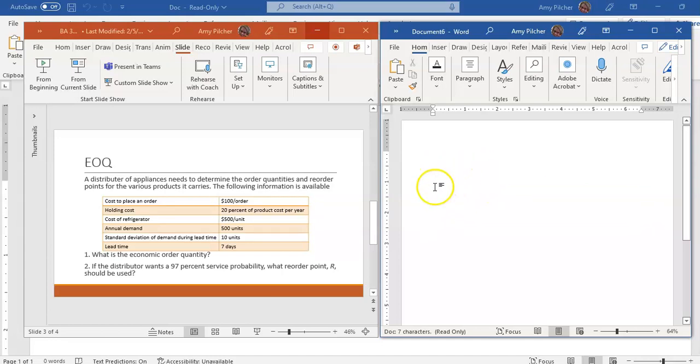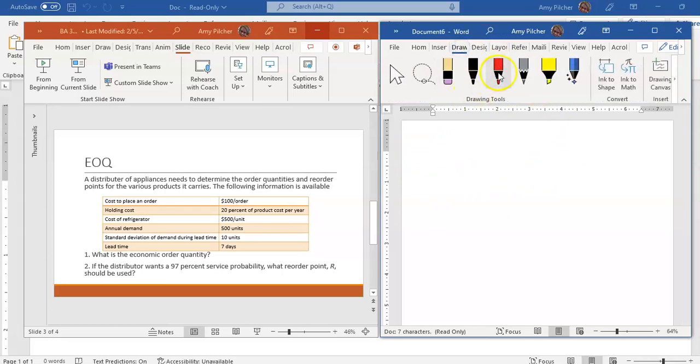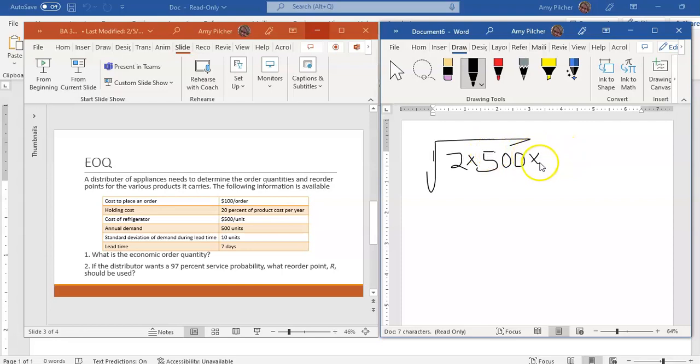So if you remember when we look at our information, we have the square root of 2 times the annual demand, so we have 500 units, times the order cost of 100.